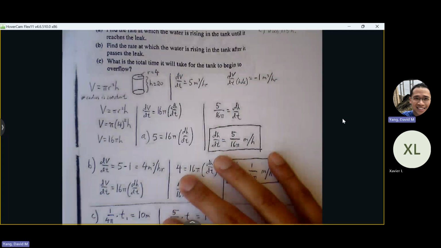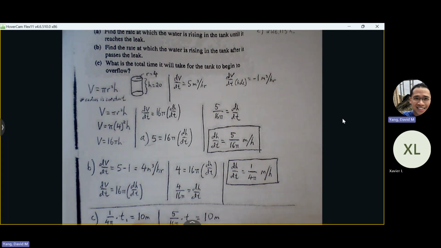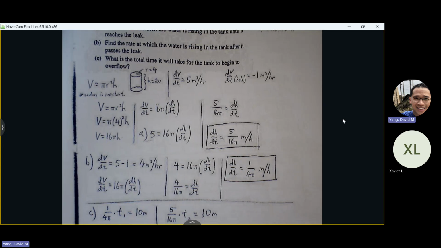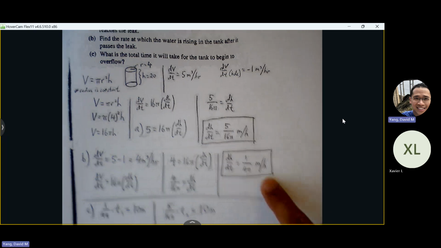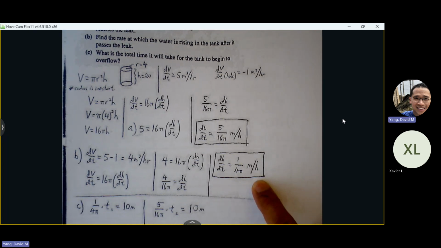For part C, T sub 1 is the time it takes to get to that first 10 meters of the tank. And it's 1 over 4 pi because that's my dh/dt. That's the rate at which my height is increasing.